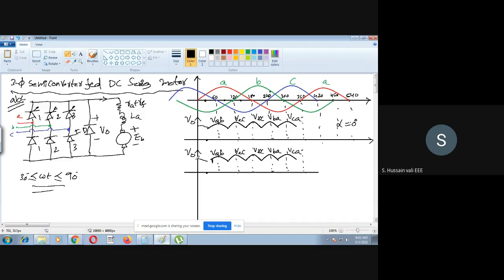You know very well there is a freewheeling diode here, so the freewheeling diode will conduct automatically.